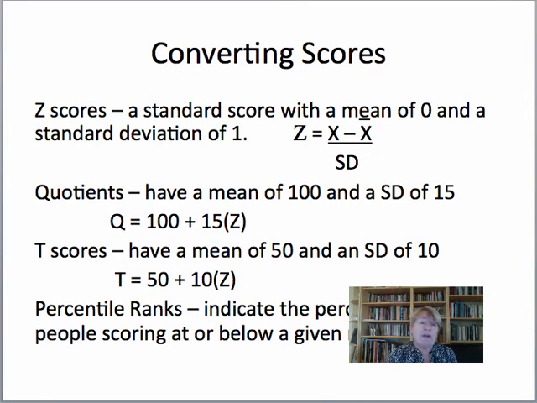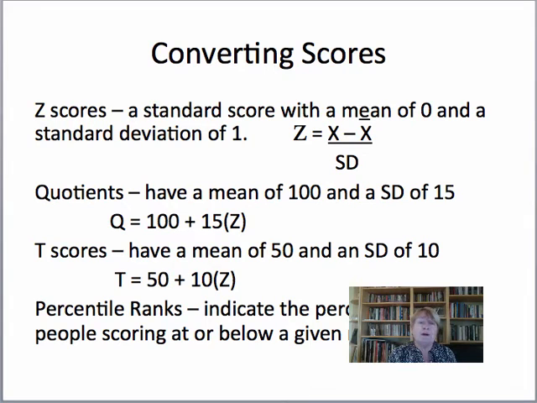We can also take that same score of 15 and convert it into a Q-score or quotient. So we talk about IQ scores, intellectual quotients. We talk about academic quotients or AQ scores. We can talk about developmental quotients, DQ scores. Quotients have a mean of 100 and a standard deviation of 15.